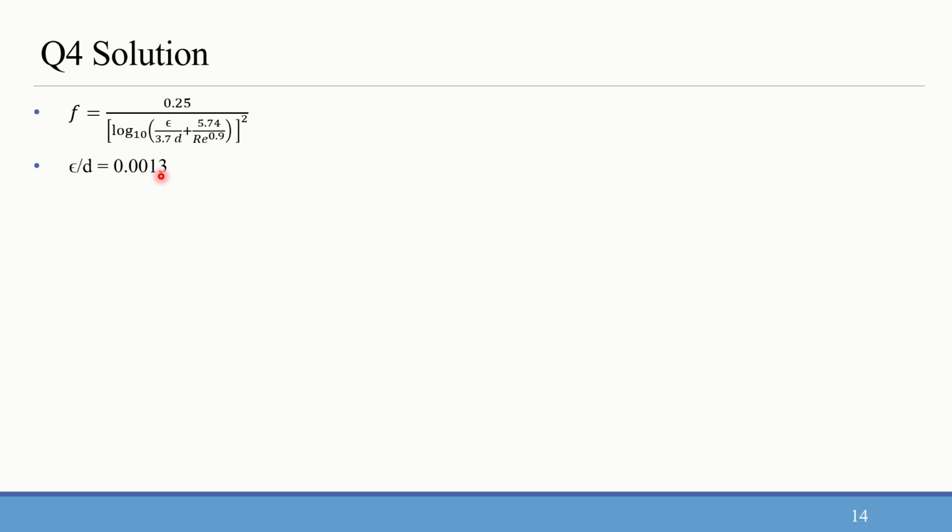So now we know epsilon by d as 0.0013 and we know the Reynolds number as 1,27,400 and everything else is known. We are left with just the direct substitution in the original formula to get the solution.